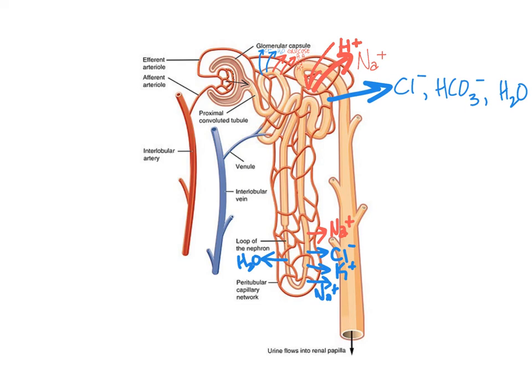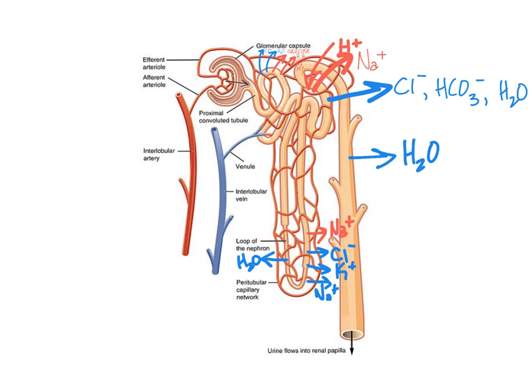The last thing that I want to draw your attention to is, again, this passive movement of water through osmosis in the collecting duct, which is determined again by hormones. When the hormone ADH acts upon this part of the nephron, the collecting duct here, all it's going to do is either make the collecting duct permeable or impermeable to water.